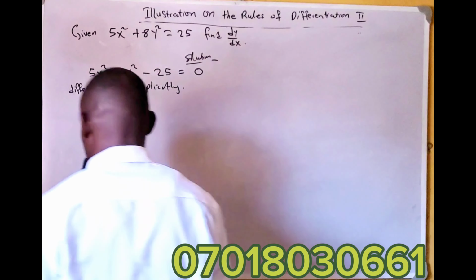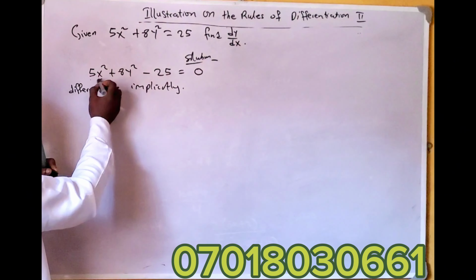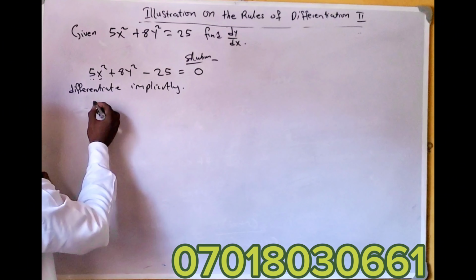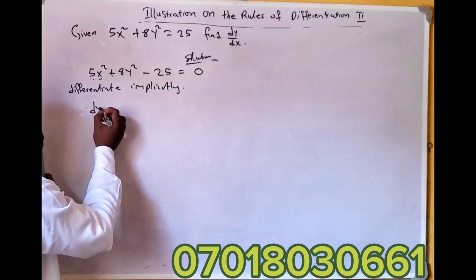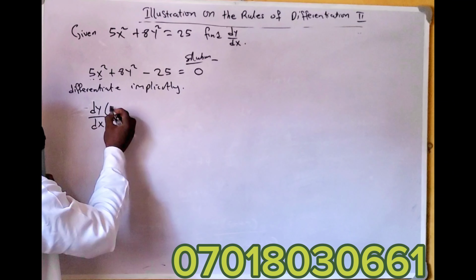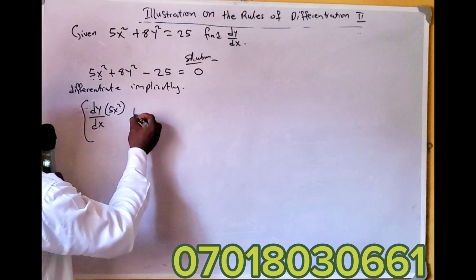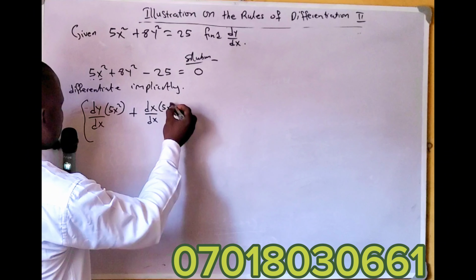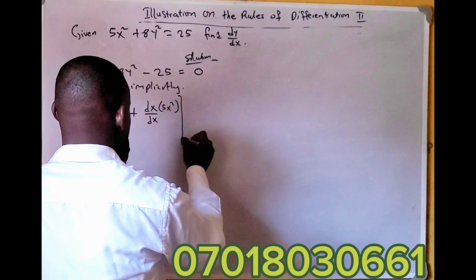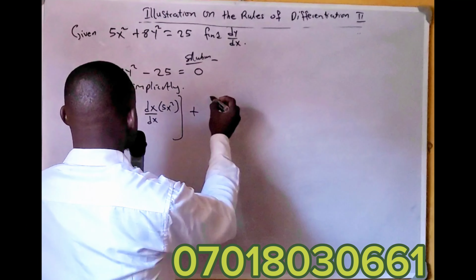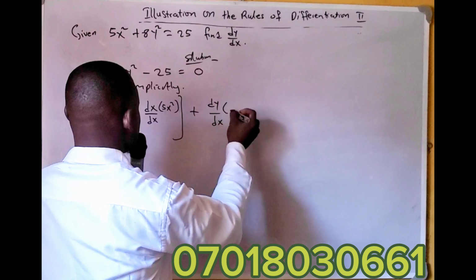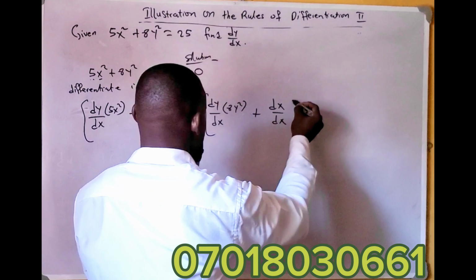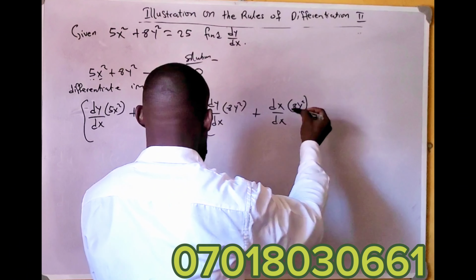So what that implies mathematically is this. You take the first term here, then you have d/dy of 5x squared plus d/dx of 5x squared, plus the second term, d/dy of 8y squared plus d/dx of 8y squared.